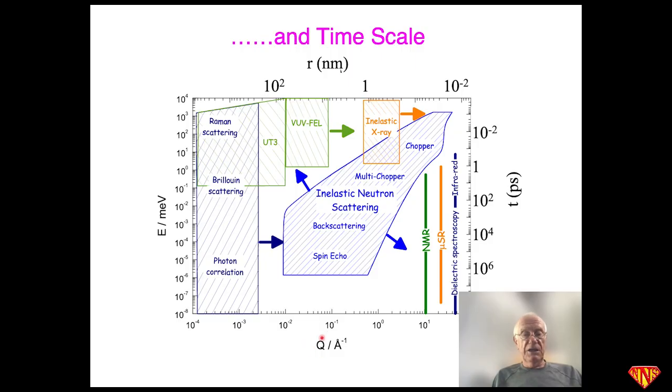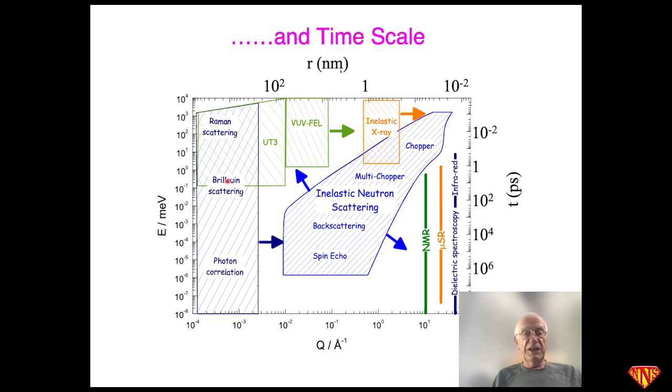And this thing here, Q, is called the scattering wave vector, and is basically 2 pi divided by the distance that you will be measuring in your sample. Vertically here, we plotted the time scale of the dynamics in picoseconds, and you can see the numbers here. And those time scales correspond to energy changes that occur in the scattered radiation. And so you can see these energy changes over here in milli-electron volts.